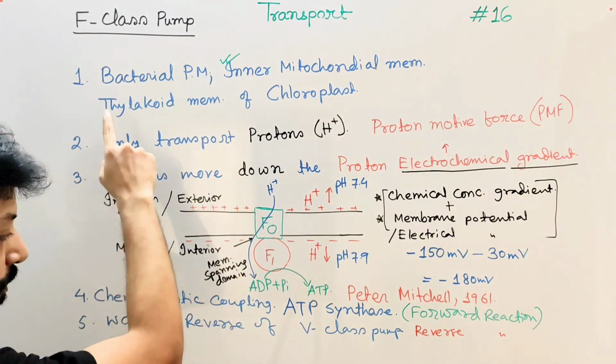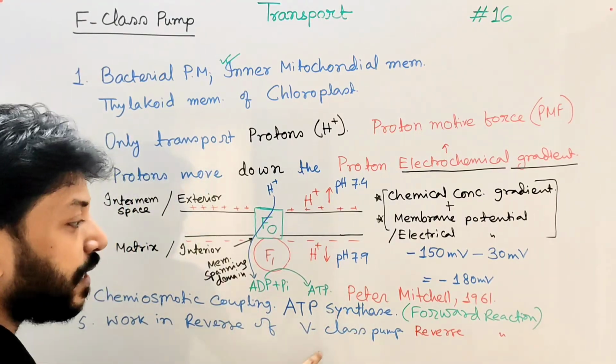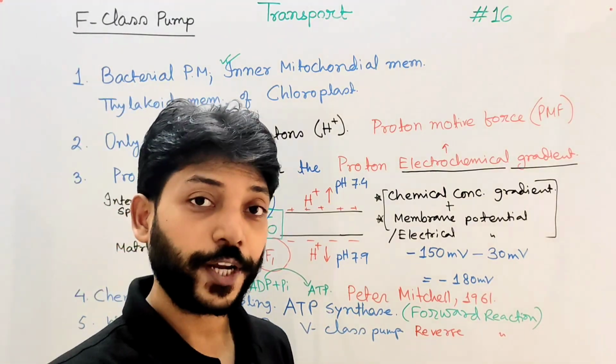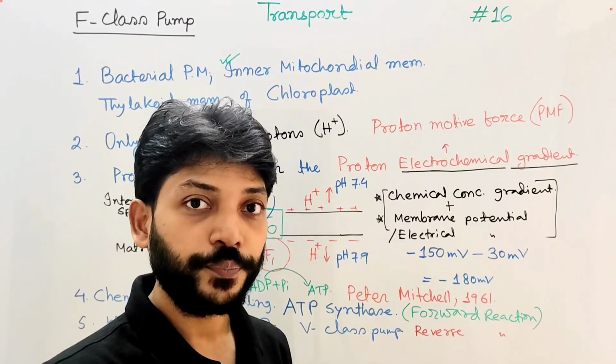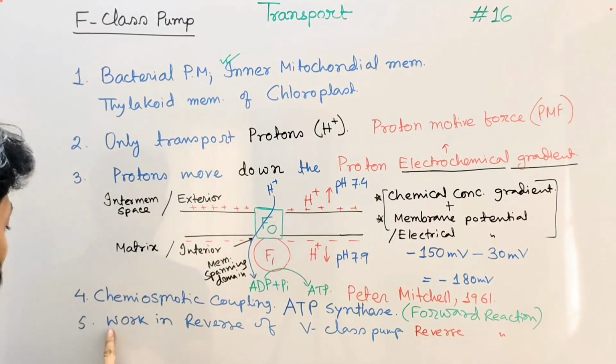Generally, this F class pump produces ATP, so we call it ATP synthase, but V class pump always degrades the ATP or hydrolyzes the ATP to move protons.